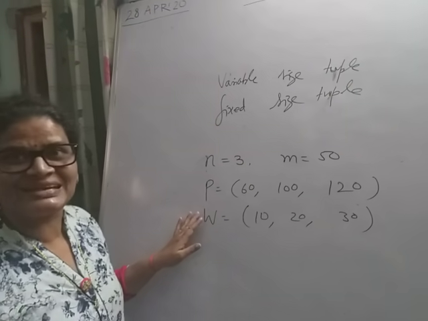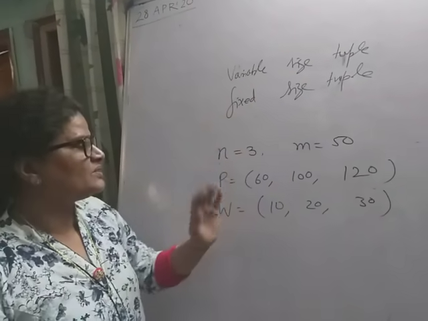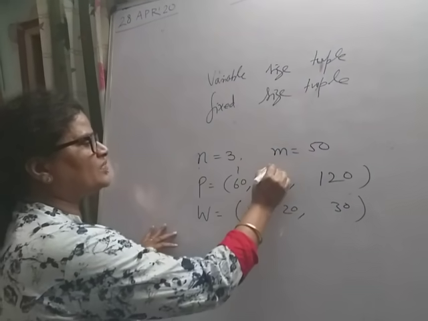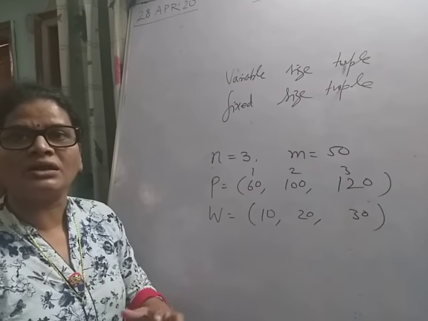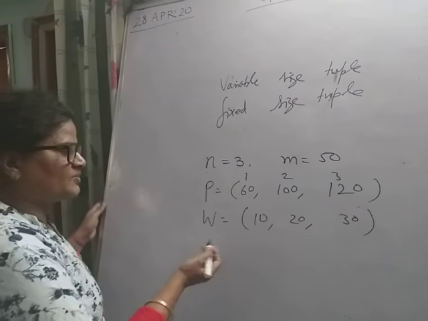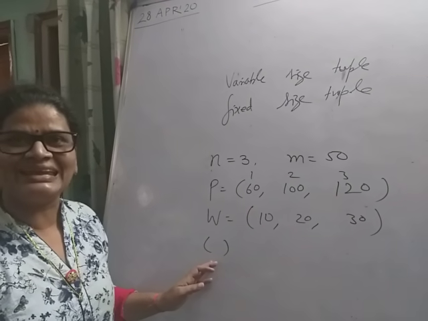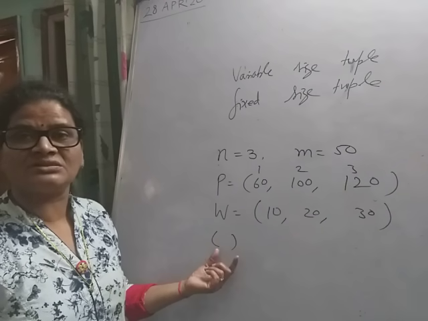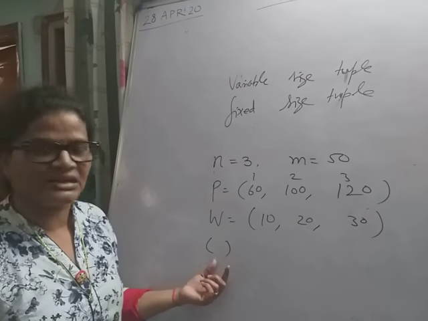If we represent the solution using a variable size tuple, we simply index the objects 1, 2, 3. First we determine all feasible solutions. One feasible solution is that we do not select any object in the knapsack.